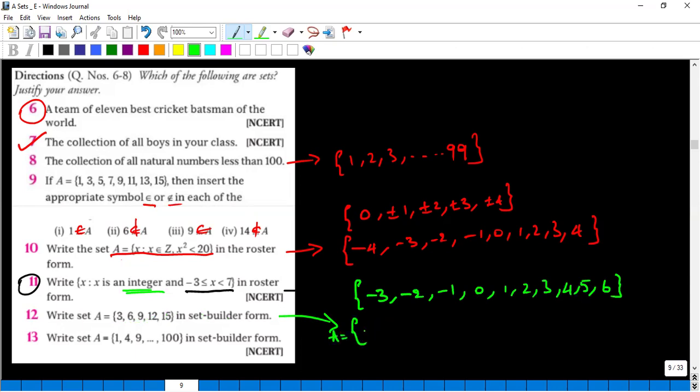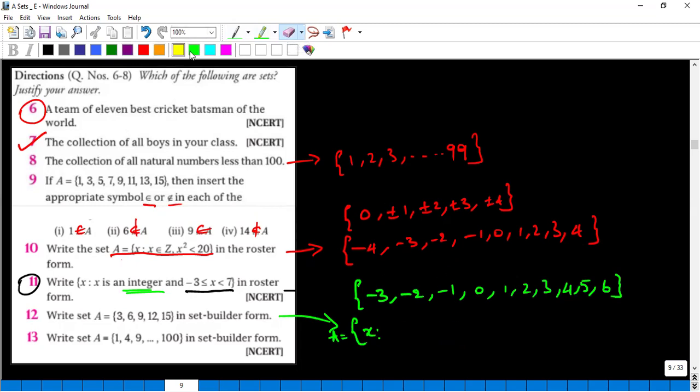There is a set A, x such that x is a natural number and... yeah, wait.